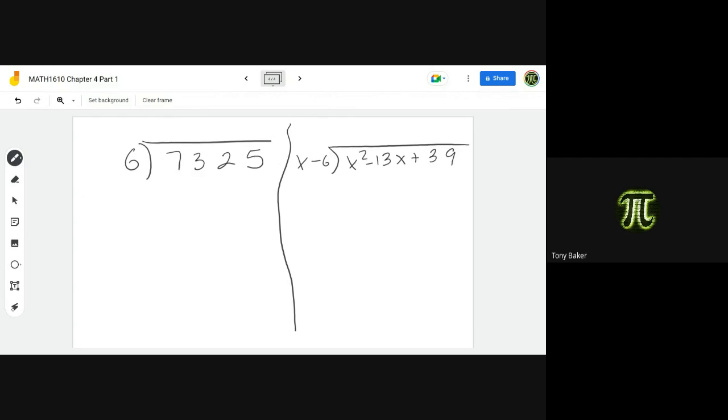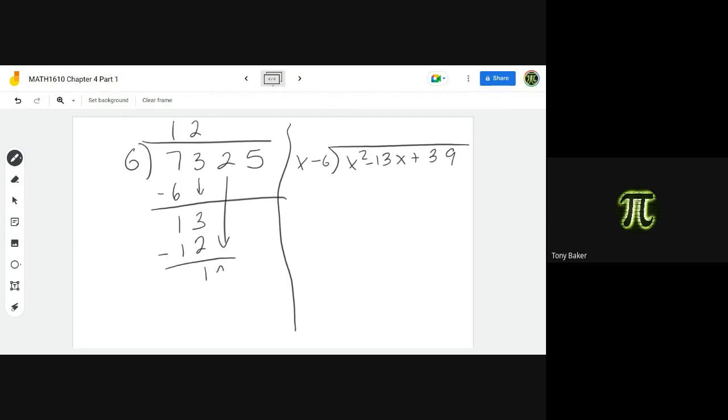First step, you want to look at how many times the 6 goes into the 7. You're doing it piece by piece. So in this case, that's once. Then you multiply and subtract. So 1 times 6 is 6. We're subtracting. And then you bring down your next number. 6 goes into 13 twice. Multiply. 6 times 2 is 12.